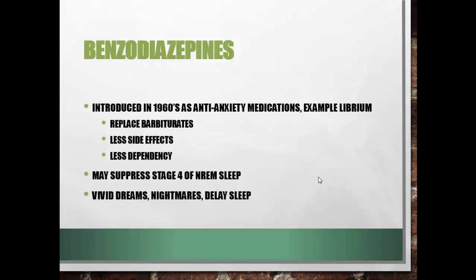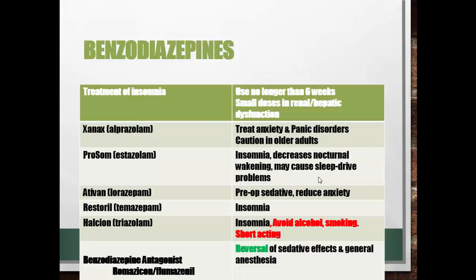So the benzodiazepines are used for sleep, but they're primarily used as an anti-anxiety drug or a minor tranquilizer. They include alprazolam and estazolam and lorazepam. There's several others. The two that you really need to know about are alprazolam and lorazepam.